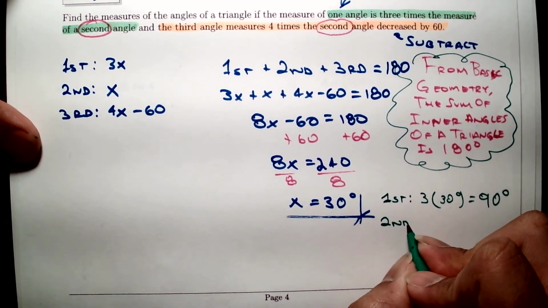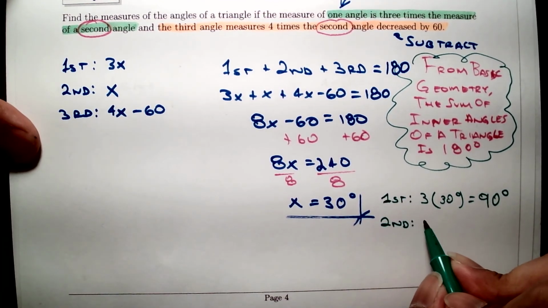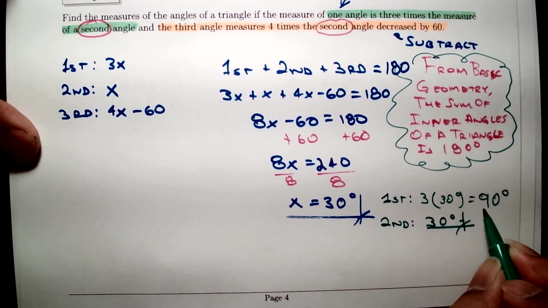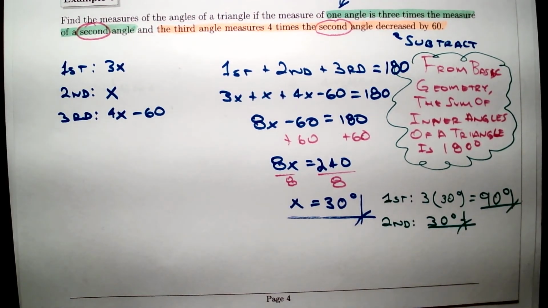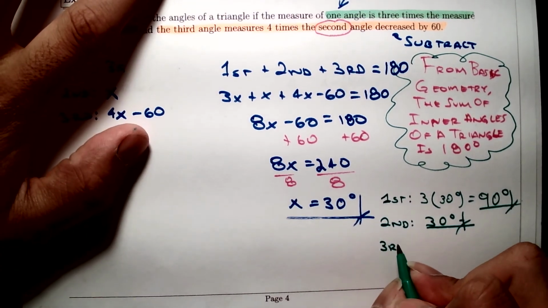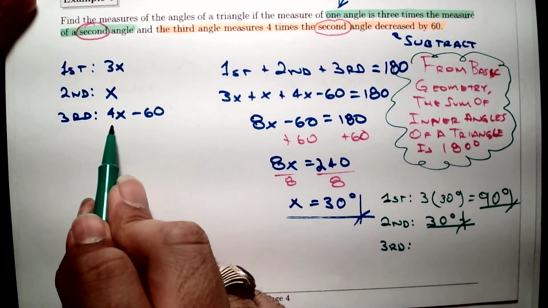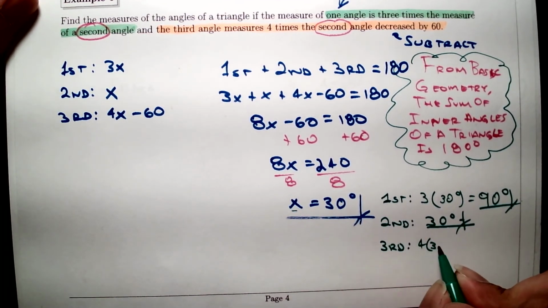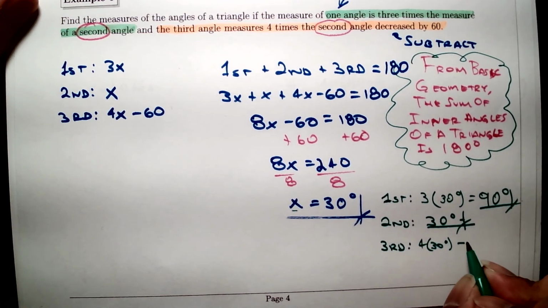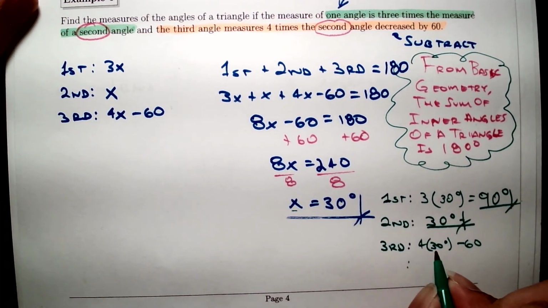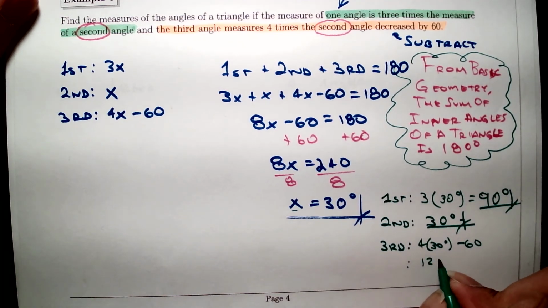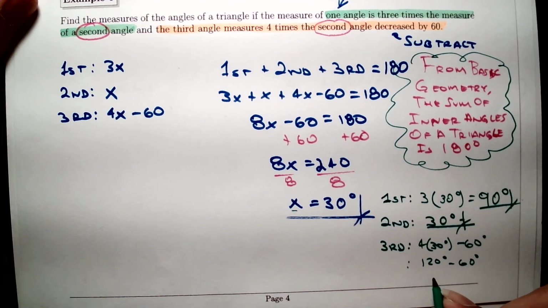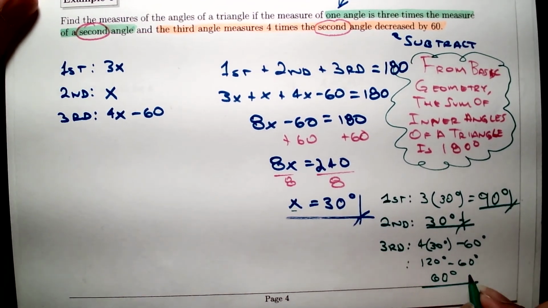Second angle, that's simply x, which is 30 degrees. And finally, for the third angle, that's 4x minus 60. That is 4 times the value of x, which is 30, minus 60. That's 4 times 30, that's 120, minus 60, and that is 60 degrees.